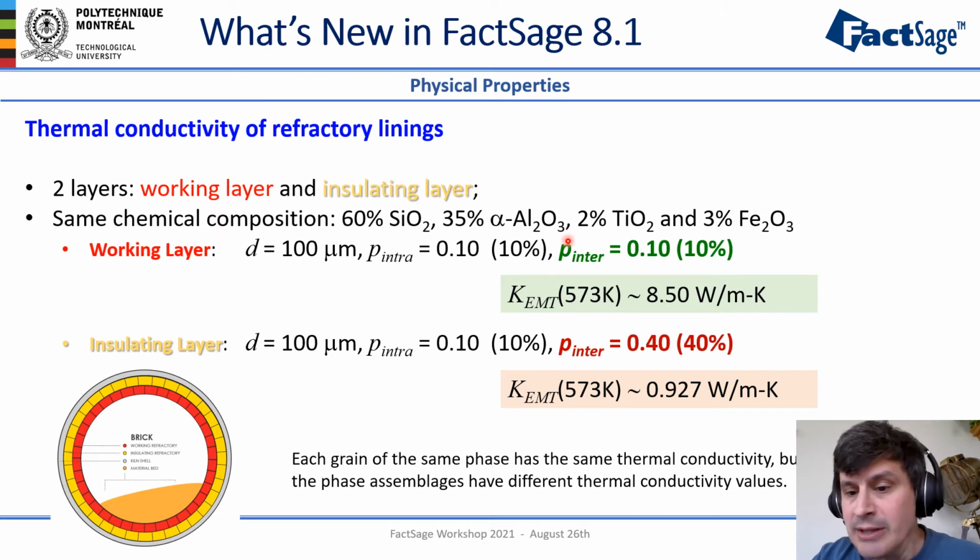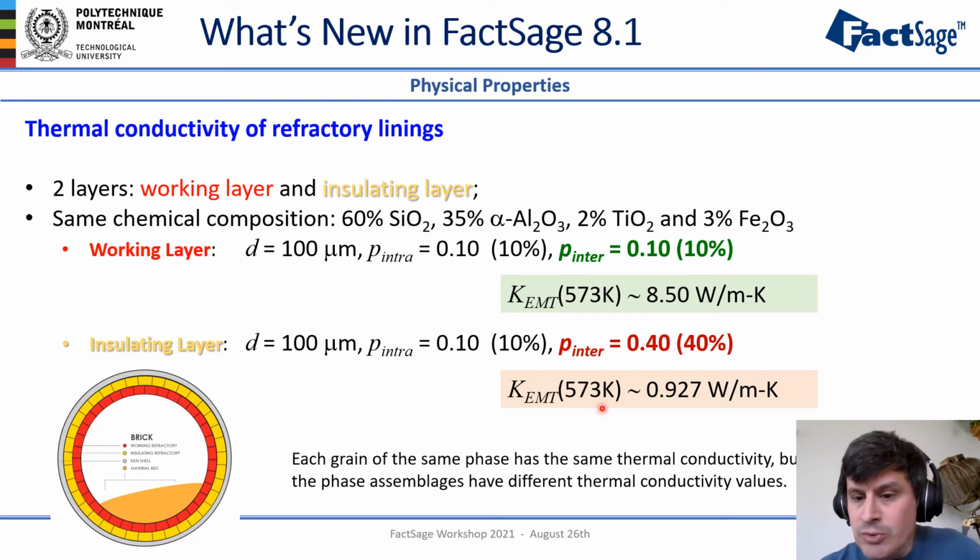If I compute the recommended thermal conductivity with the EMT model, I get 8.5 watt per meter Kelvin. Now, if I change the intergranular porosity to 40% for the insulating layer, then I get a much less dense material with the same grains.